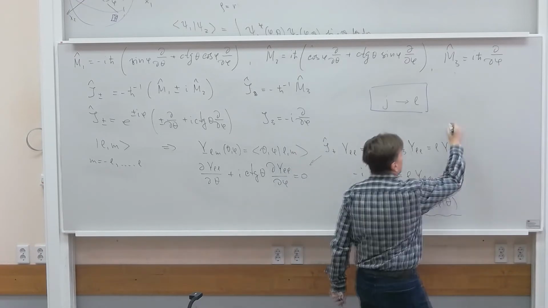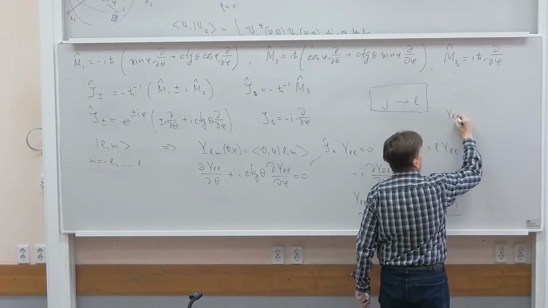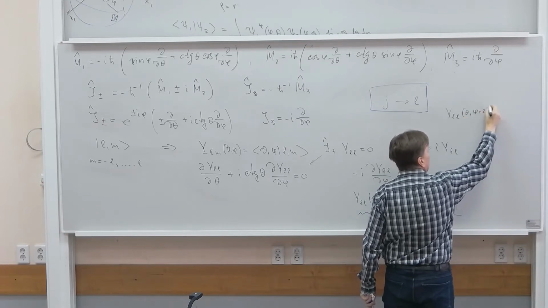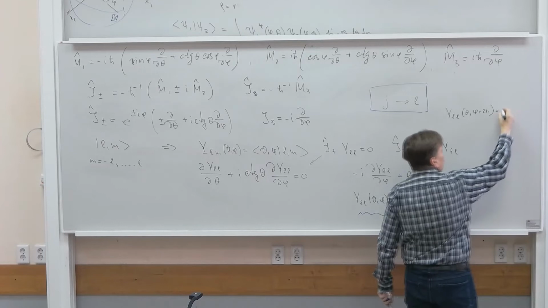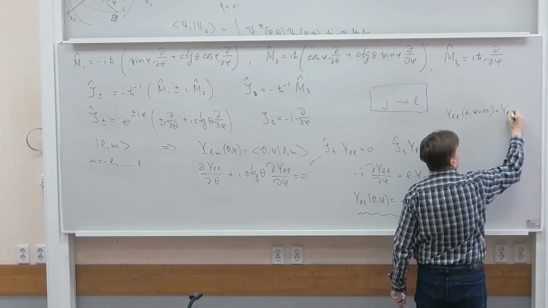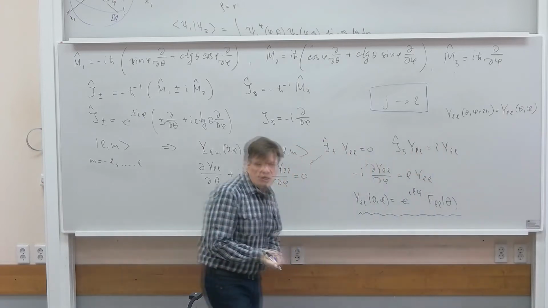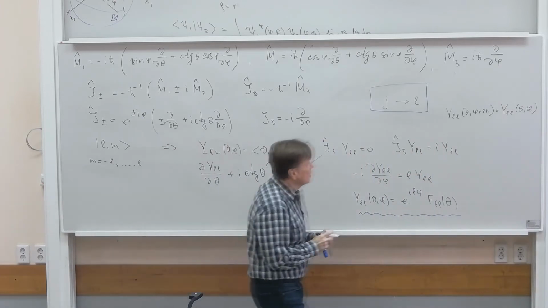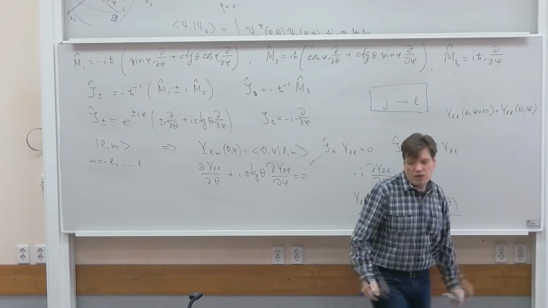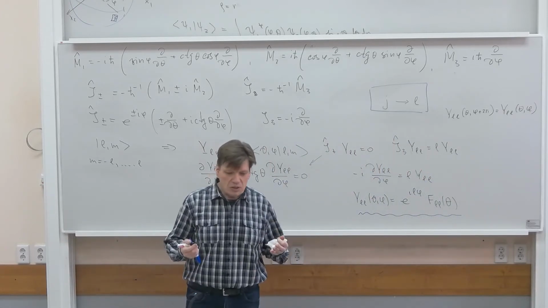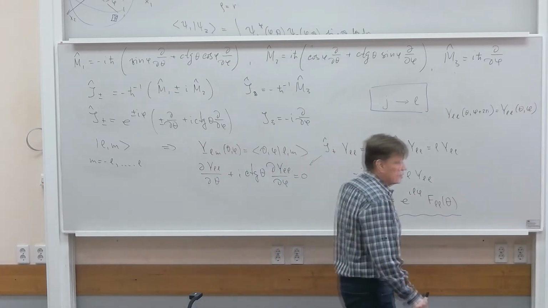So Y_LL of theta, phi plus 2 pi should be equal to Y_LL of theta, phi, just in order for this eigenfunction to be single valued, that is, a function in the strict mathematical sense.